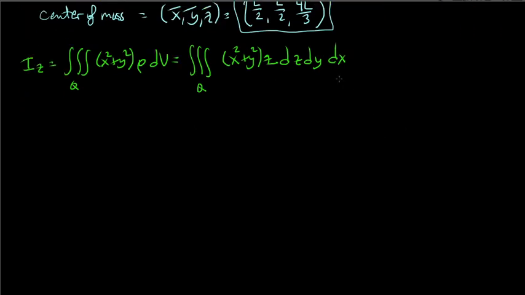The limits for Q are the same as they were earlier, so let's just fill those in: 0 to L for x, 0 to L for y, and 0 to 2L for z.